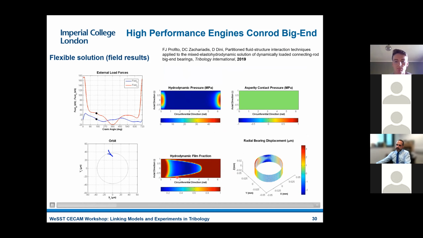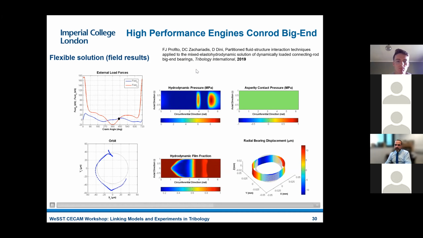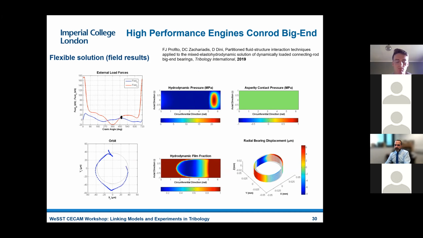You can look at how the hydrodynamic film forms throughout the orbit of the cycle. You can also look at how the asperities come into contact, if you have a model that allows you to capture those. These dynamics are fairly easy to calculate once you've got a very robust model. But that robust model might not be enough for you to capture things all the time.